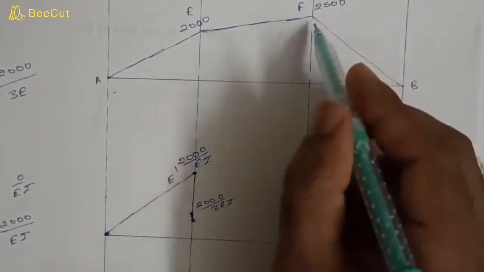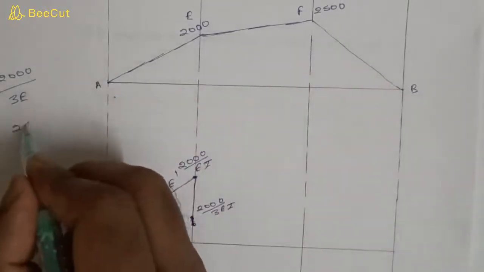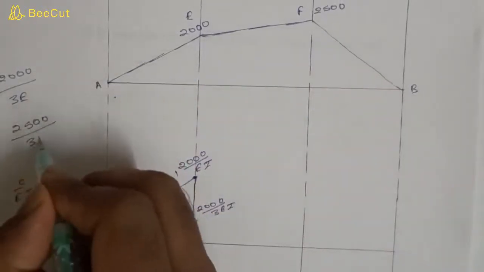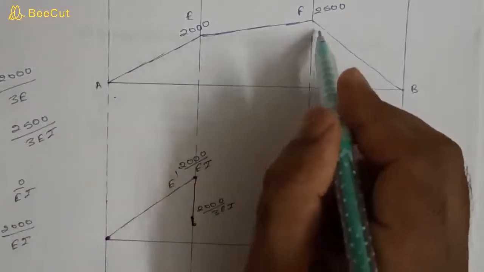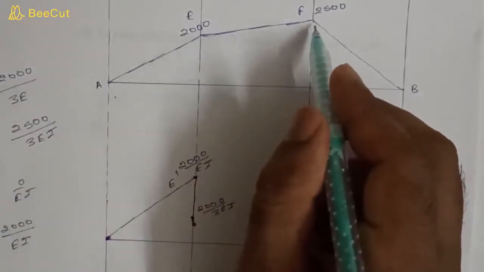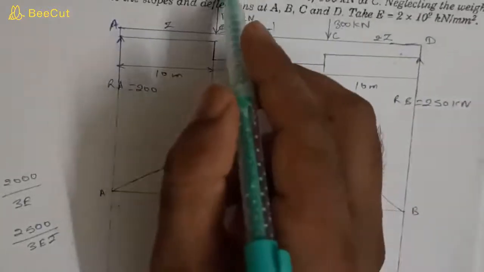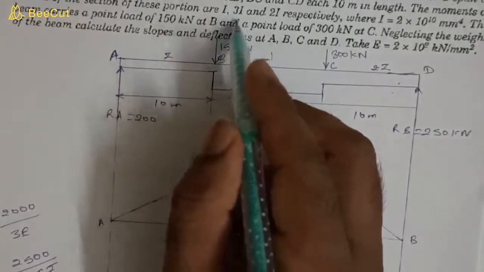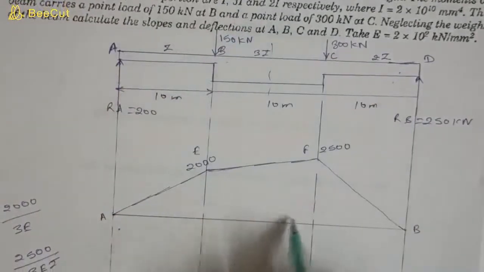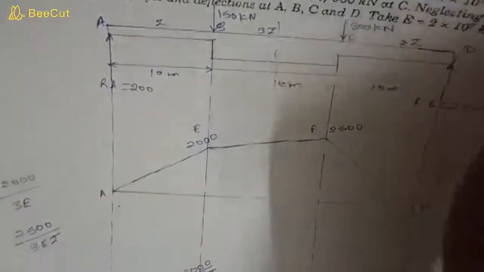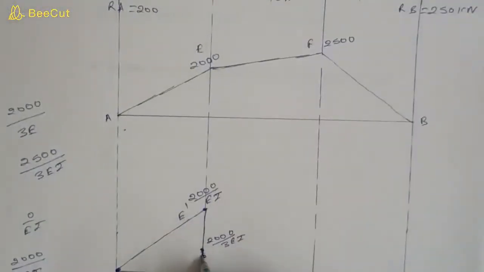Now at this point it will be 2500 divided by 3EI, because in this section the moment of inertia is given as I, 3I and 2I, so in this portion it is 3I, so 2500 upon 3EI will be somewhere here.